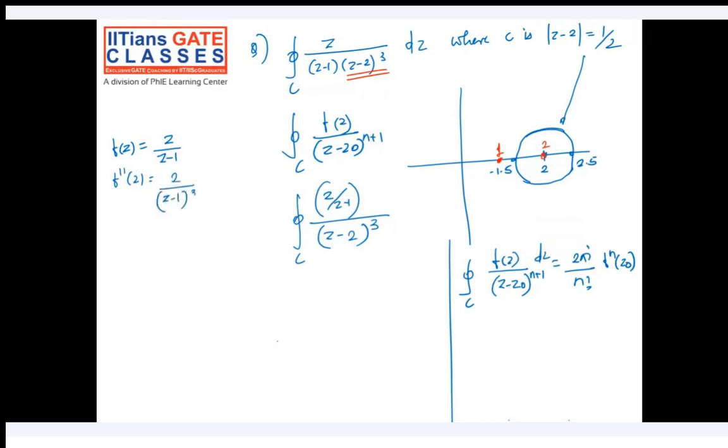So f double dash of z naught, which is 2, will be equal to 2 itself. So the integration over a closed curve C can easily be written as 2 pi i divided by n factorial, so 2 factorial, times the double derivative at z naught equal to 2. The 2 factorial and 2 will get cancelled. Hence 2 pi i is the final answer.